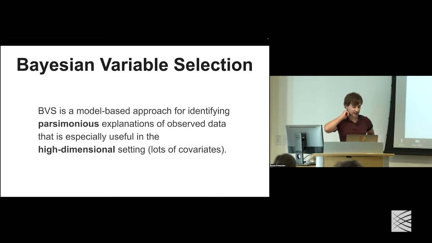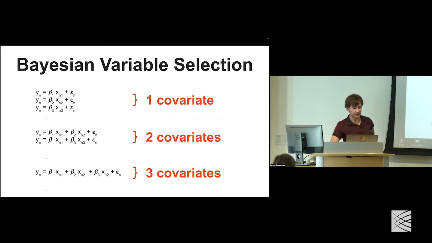And so Bayesian variable selection is a model-based approach for identifying parsimonious explanations for the observed data y given the covariates x. And one that I will argue is especially useful in the high dimensional setting where you have lots of covariates. Here, parsimonious just means that we're trying to use as few of the covariates as possible to explain the output or response y. The way this works is that we explicitly reason about including and excluding different covariates.